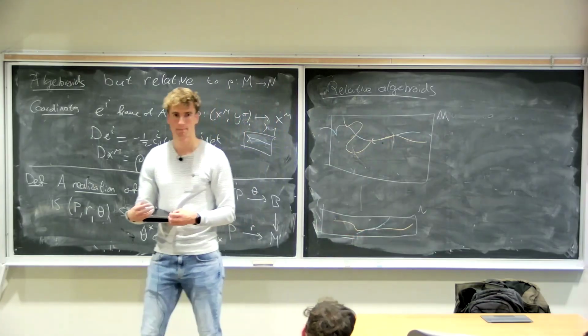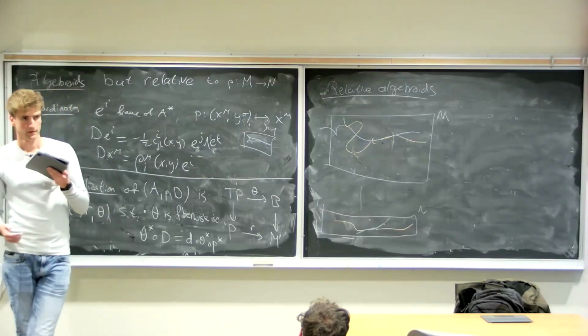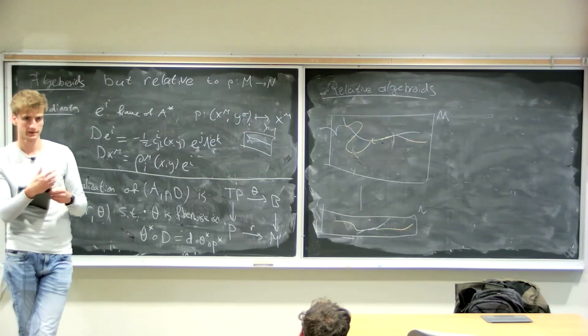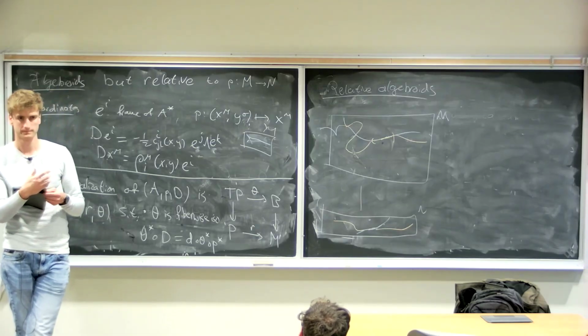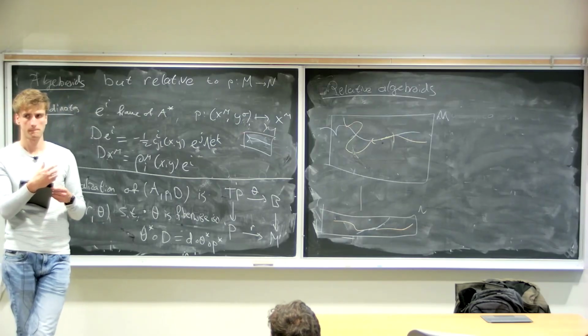Yeah, like in general, I think the fact that P is not trivial. Sure. For relative algebroids, we like to think of them as submersions. But is there a place where we need the submersion property?